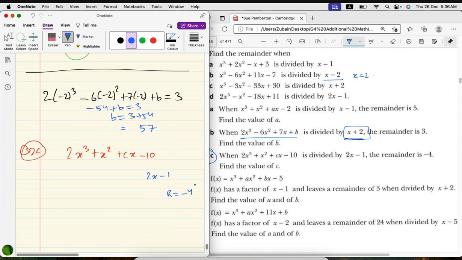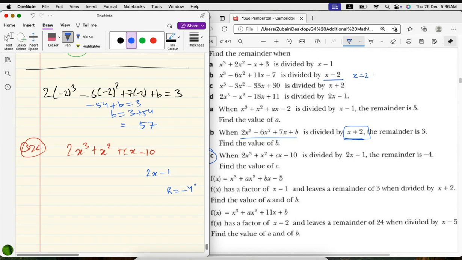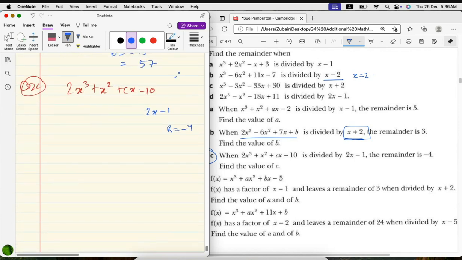C equals negative 1.4. Negative 1.4. I guess I'm getting 11.